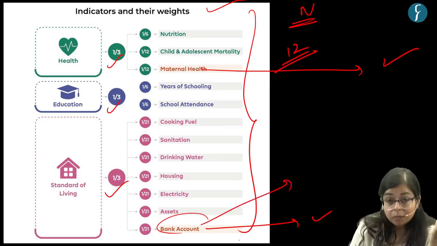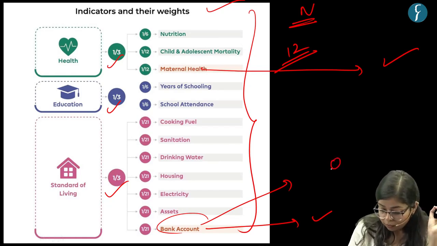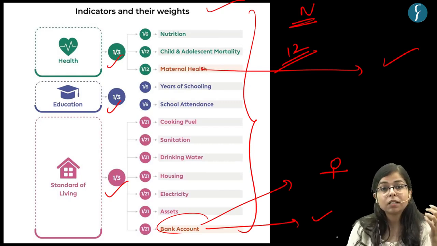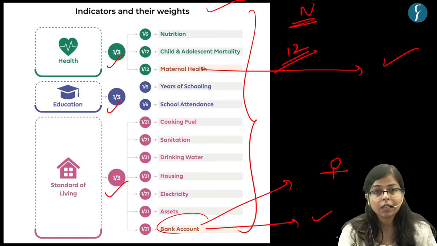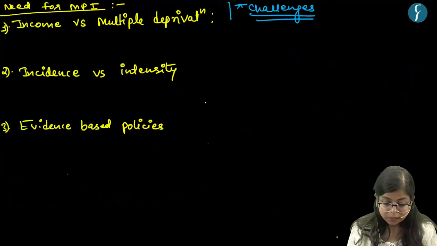So this has also become a basis to identify the standard of living of any person, right? So for India, if a person does not have a bank account, or if he is deprived of this facility, he may be included as multidimensionally poor, based on other indicators, based on his deprivation of other indicators also. So I hope you understand this.